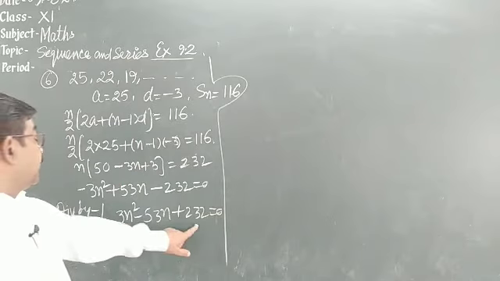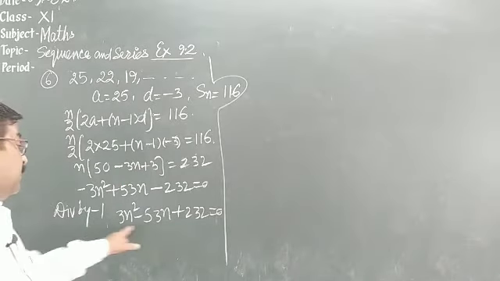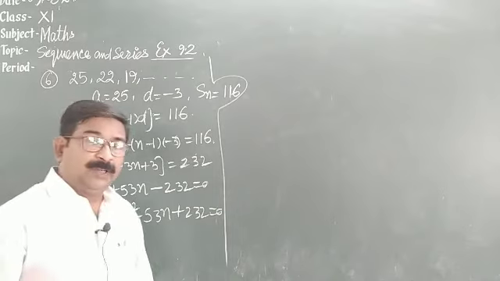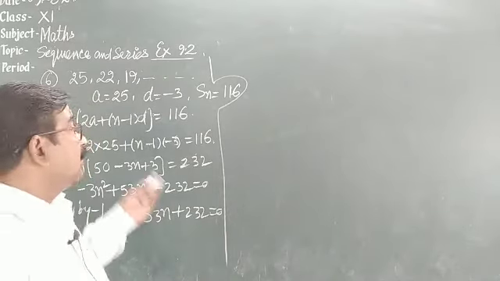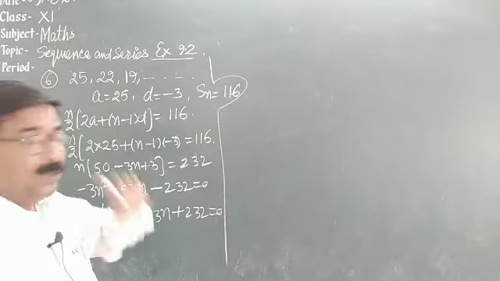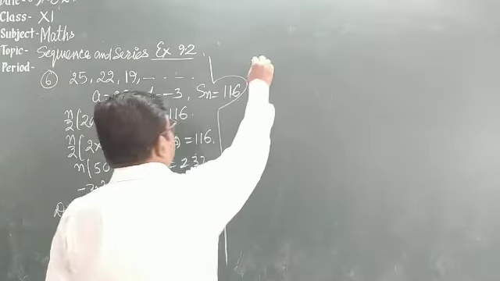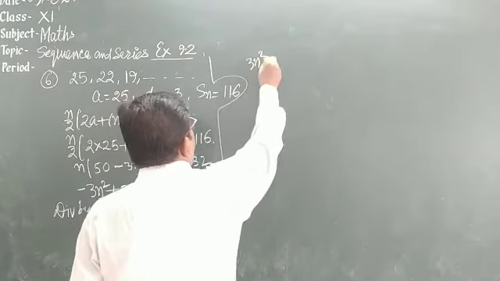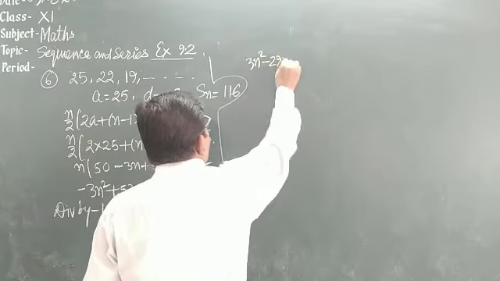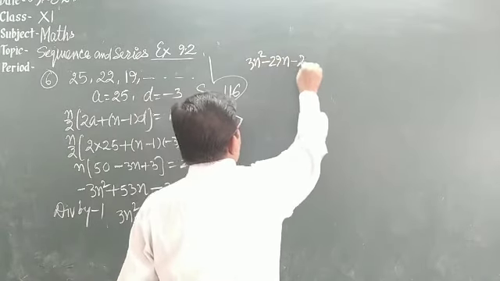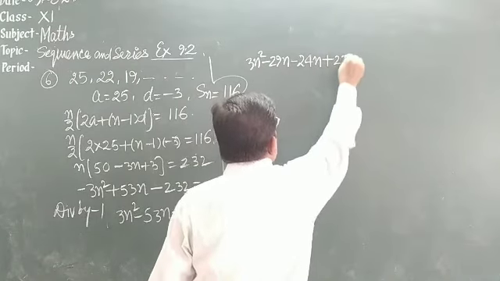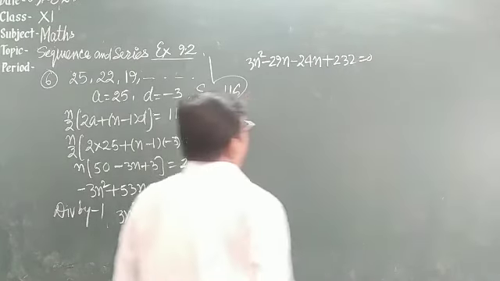Multiplying 232 and 3, we get 696, and its factors are 29 and 24. So we have 3n square minus 29n minus 24n plus 232 is equal to 0.